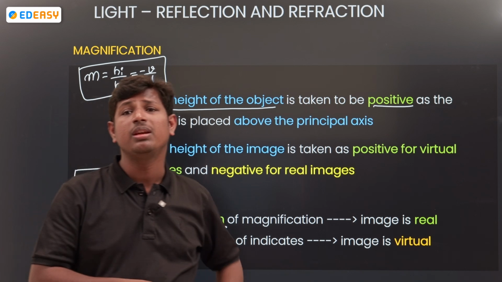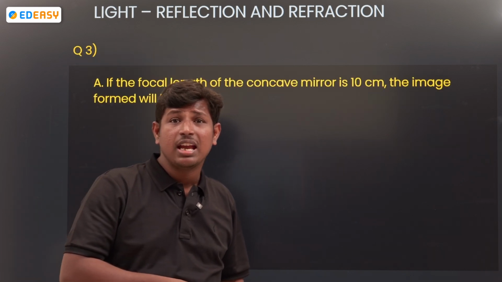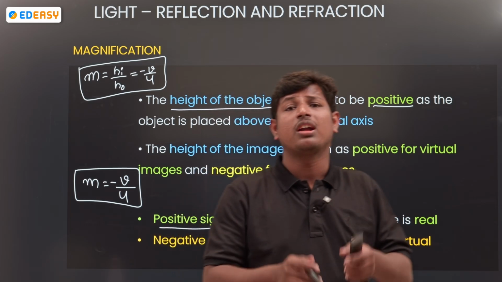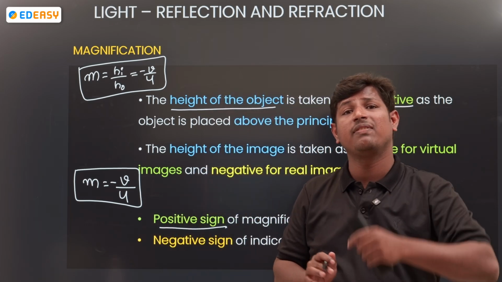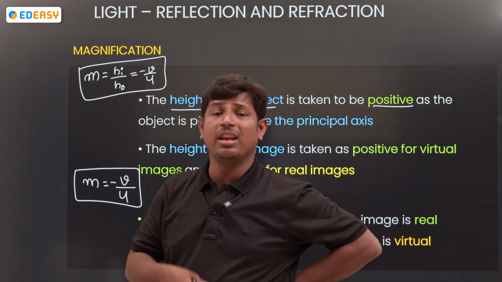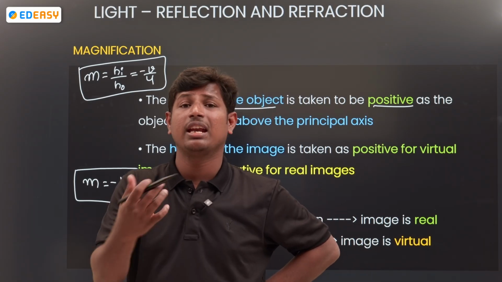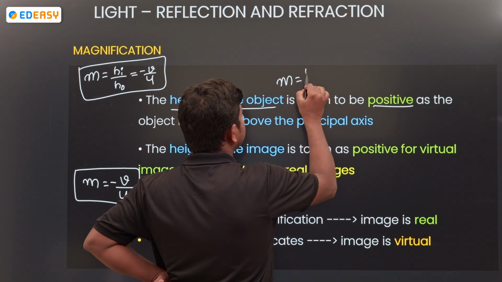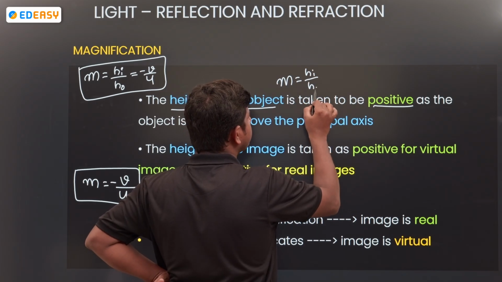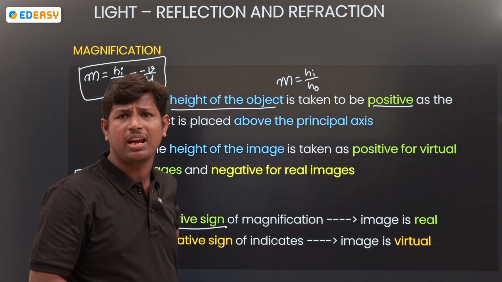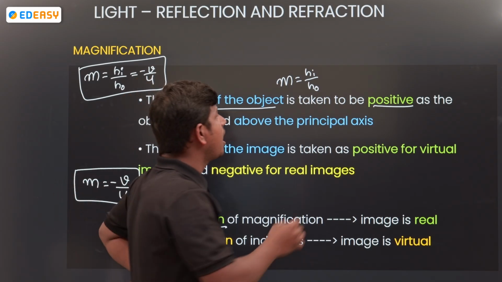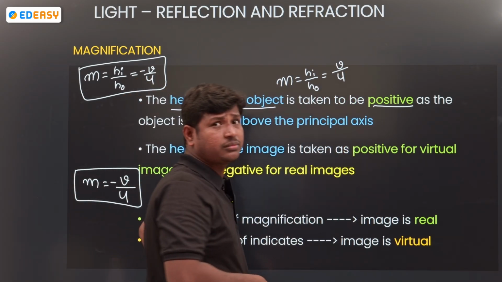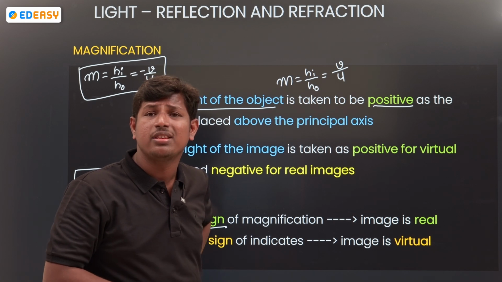What will happen in each case? The formula of magnification is also height of the image by height of the object, in terms of heights, and image distance by object distance.